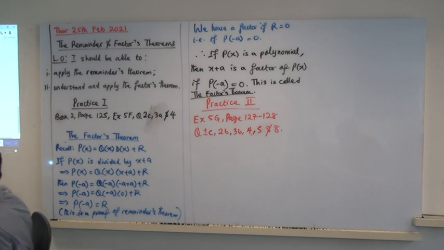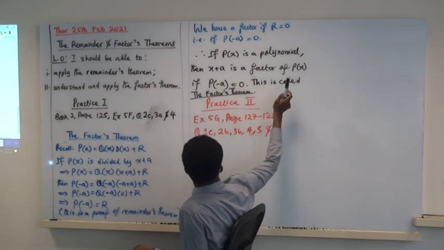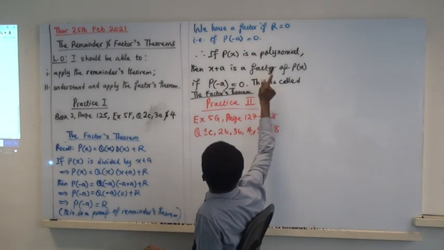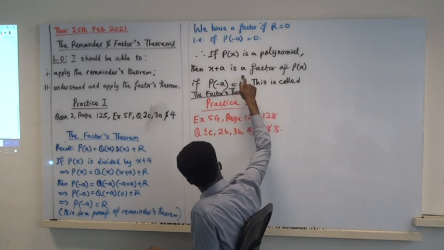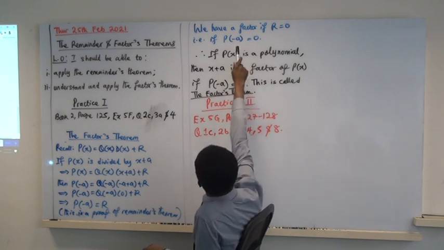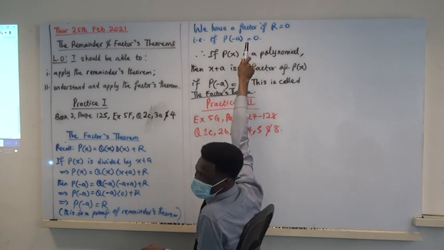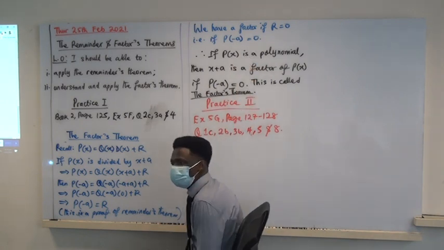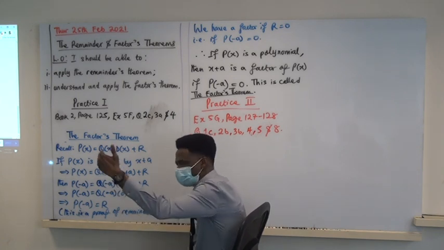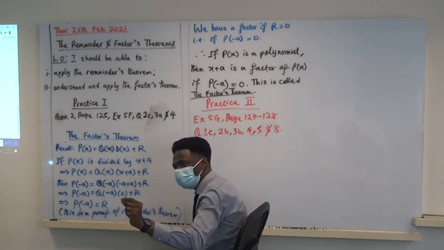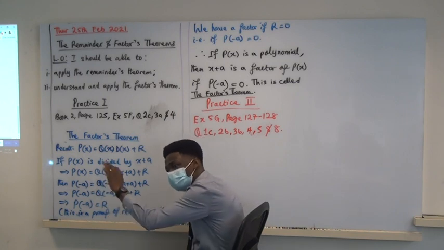Okay, look at the statement of this factor theorem. x plus a is a factor if the remainder is 0. That's why we started with, we have a factor if the remainder is 0. This is what you are checking. So you first find out. You do just like you are doing remainder theorem, but your goal is to see if the result is 0 or not.